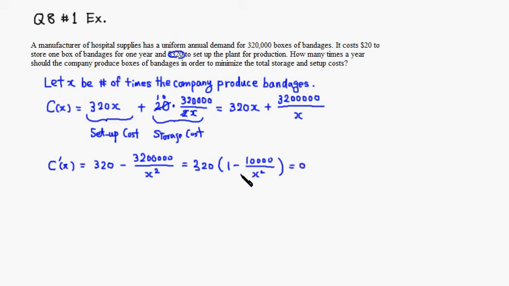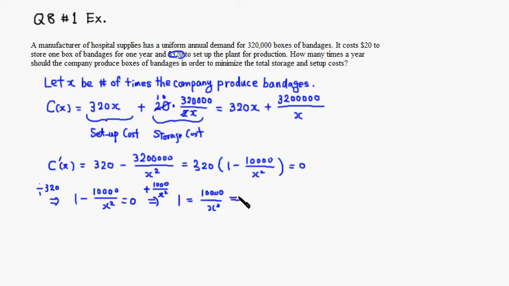We just have to solve this equation. Divide through by 320, so we have 1 minus 10,000 over x squared equal to 0. Then add 10,000 over x squared to both sides: 1 is equal to 10,000 over x squared.